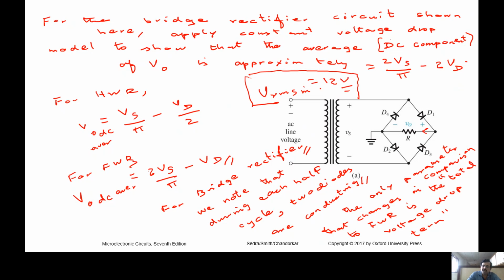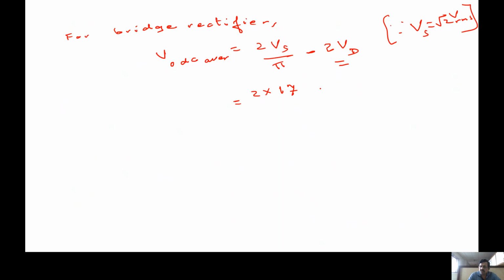And therefore Vs, capital Vs, stands for the peak voltage of the source.